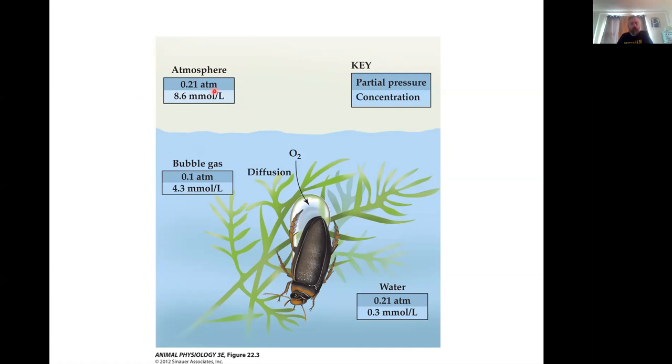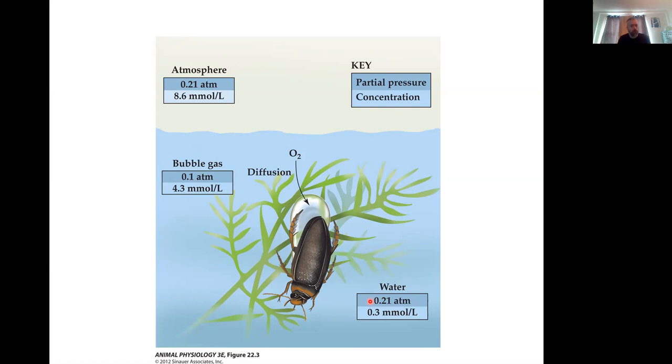So if oxygen worked entirely under concentration, it would never go from the atmospheric air into the water. But it does. It enters the water until the pressures equilibrate. Remember, oxygen is about 21% of atmospheric air, so pressure here is about 0.21 atmospheres, and the pressure of oxygen in the water is also 0.21. The pressures equilibrate.